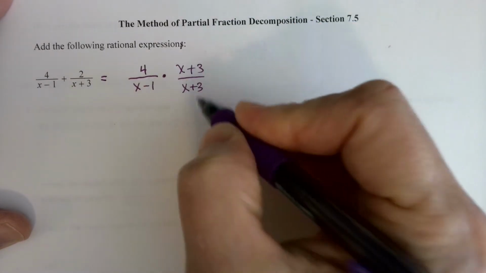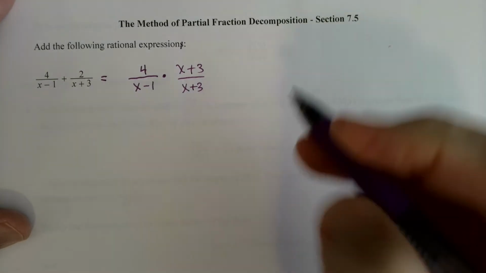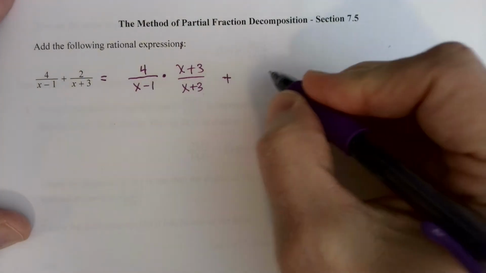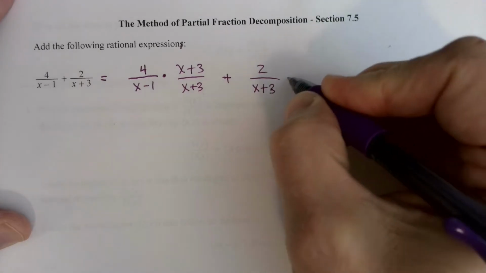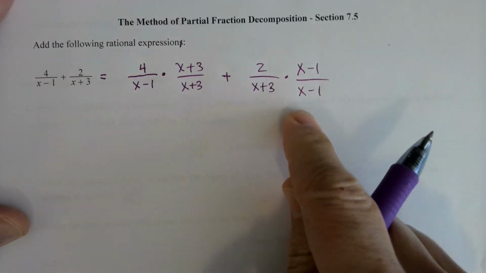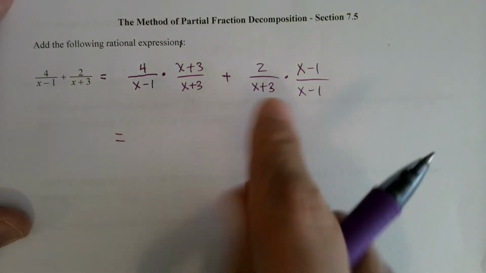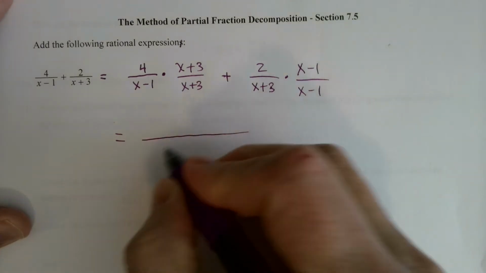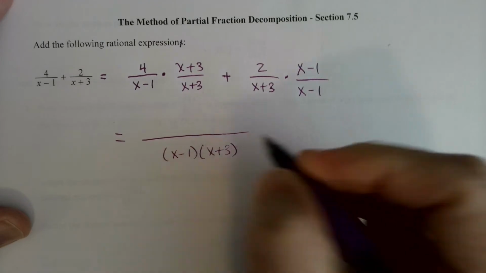Multiplying by 1, I'm not changing the value of the expression, but I get it over the common denominator. The second rational expression I multiply by the corresponding quantity, which again is 1. Now both are over the same denominator, x minus 1 times x plus 3.